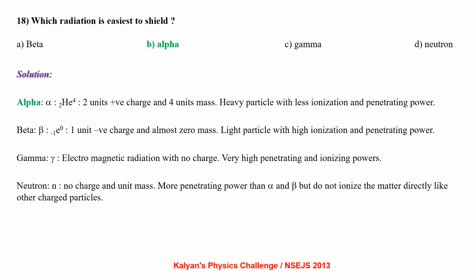Since it is a lighter particle, it will have high ionizing power and penetrating power. Gamma is electromagnetic radiation with no net charge, so it has very high penetrating power and high ionizing power. Neutron is uncharged particle with unit mass, so more penetrating power than alpha and beta, but does not ionize the matter directly like the other charged particles.